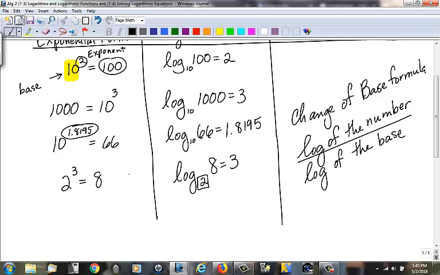The change of base formula is always the log of the number divided by the log of the base. So on your calculator, do the log of 8, and we have to put parentheses around it, divided by the log of the base.